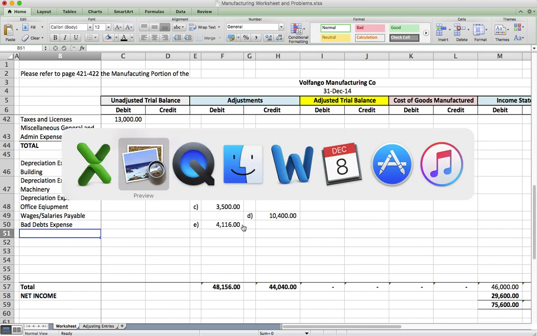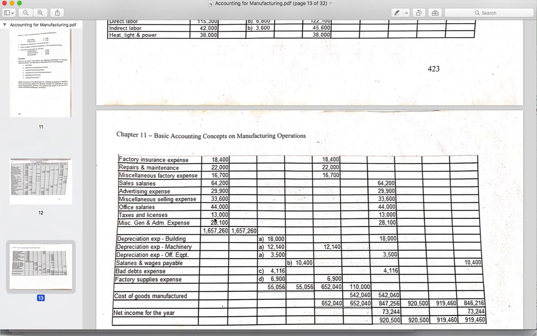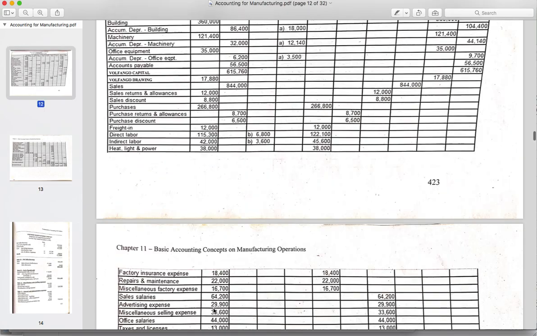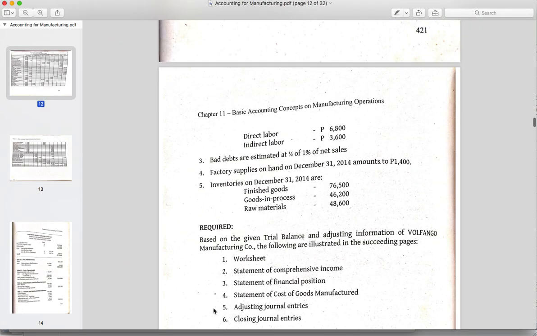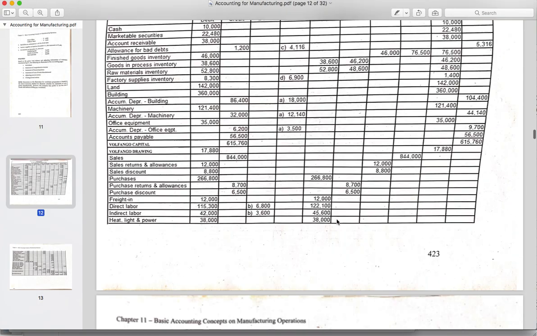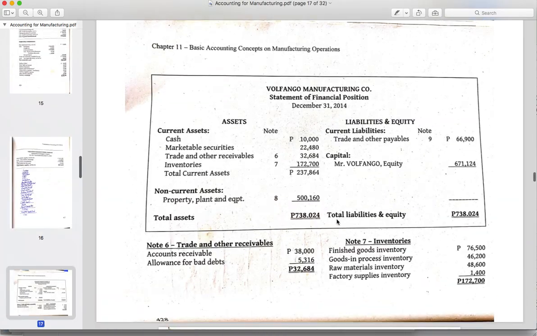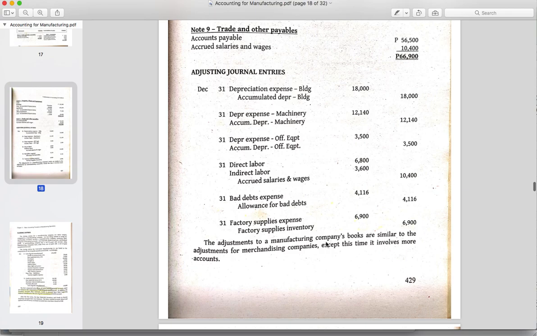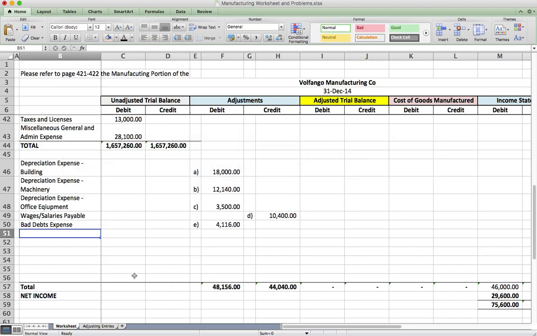Ay, parang mali yung ginawa natin kanina. Meron na ba tayong allowance for bad debts? Anong sabi doon pala sa... okay. Buti na lang. Bad debts. Ay, naku, parang mali. Bad debts are estimated at 1/2 of 1% of net sales. Meron ba tayong allowance? Naku, may allowance pala tayo. I'm sorry. 4116 ba?